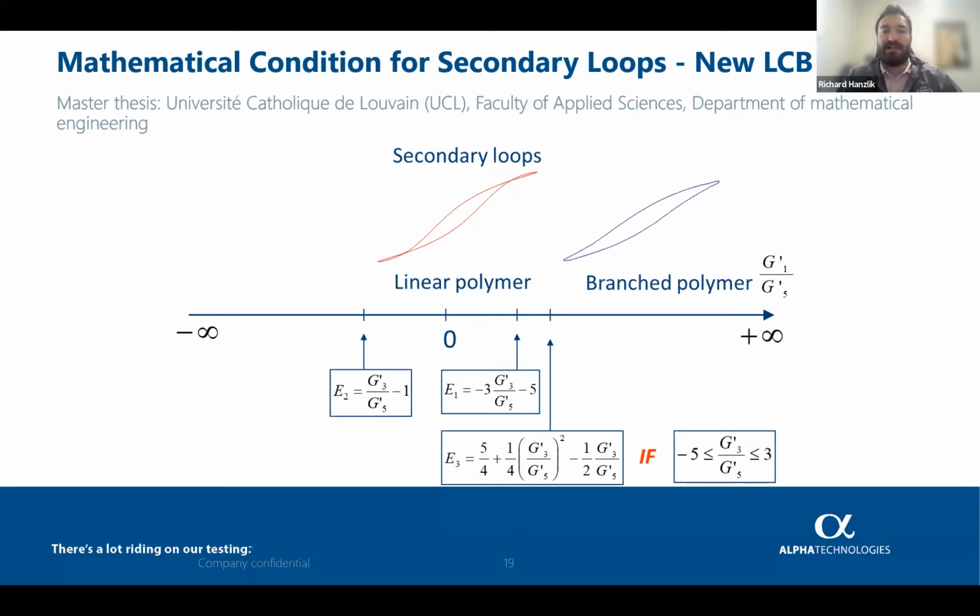And so we can follow these mathematical assumptions to essentially create an index for long chain branching. And per this index, as our value increases positively, we know that it's becoming more and more branched. And as the value decreases, it's becoming more linear.